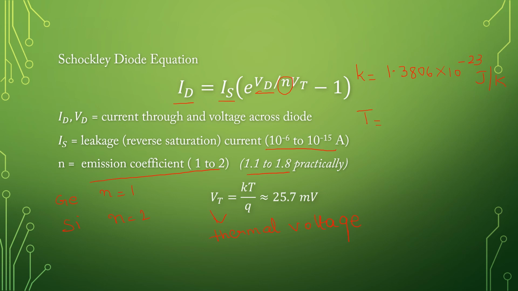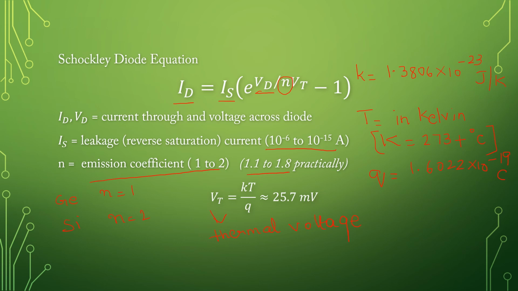T is the absolute temperature in Kelvin, so we can write T equal to 273 plus the temperature in degrees Celsius, and q is the electron charge, which is equal to 1.6022 times 10 raised to minus 19 coulomb.